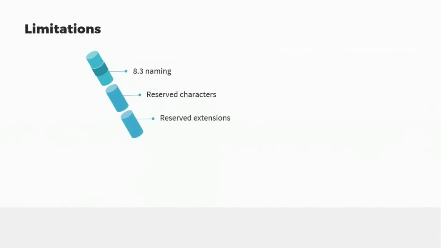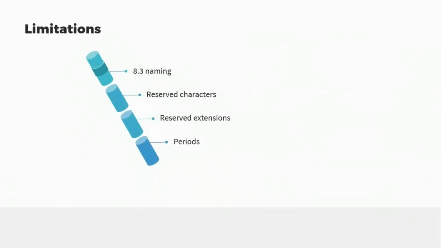And there are also several reserved extensions that can't be used, including .exe and .com, both of which indicate file types that can be executed as applications. So if you were to create a standard document called Plan of Execution, you might be inclined to use .exe as the extension, but after doing so, you would not be able to open it because your system would think that the file is a program of some kind.